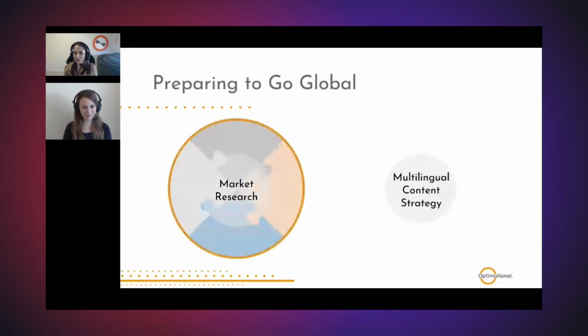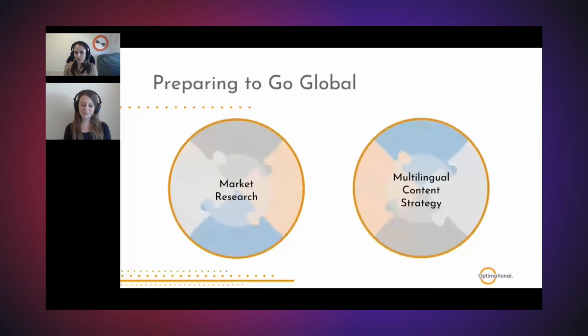Careful market research will allow us to make risk-informed decisions and to maximize the impact in global markets. And the multilingual content strategy will help us attract international traffic, overcome barriers, engage audiences, and improve customer satisfaction through content that buyers can relate to, and most importantly, that delivers ROI.